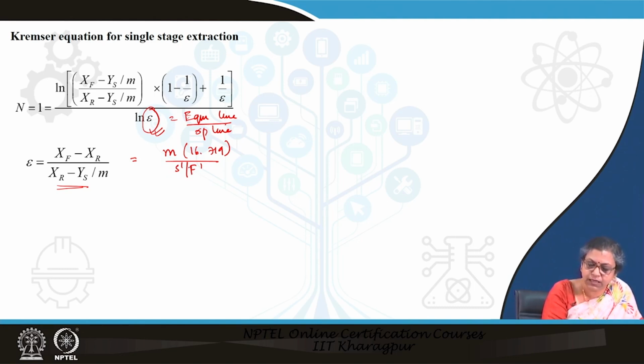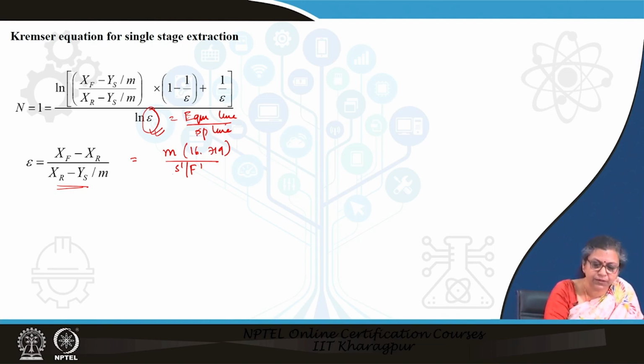So, we know the moles of toluene, so we can find out the moles of water from this particular equation. Then we can find out the amount of water which will be required in order to effect the separation, and then we can find out, in the final mixture of water and acetic acid, the proportion of acetic acid and water, just in order to check that the acetic acid is higher than 80% weight to weight, right.